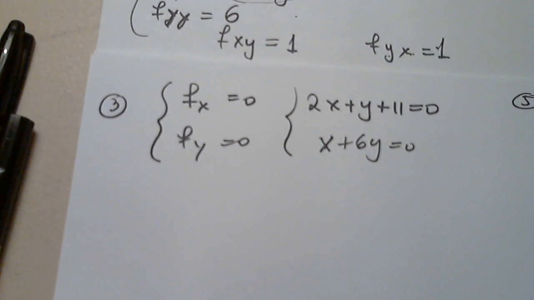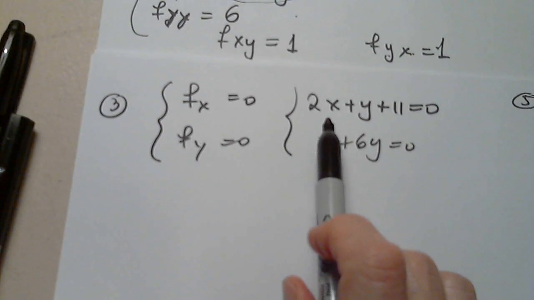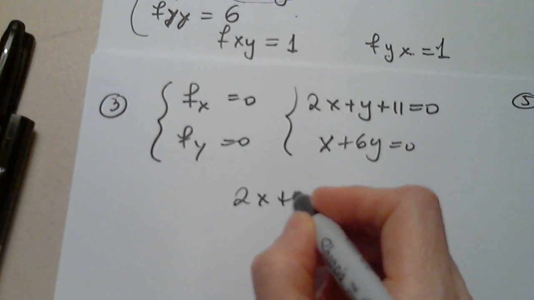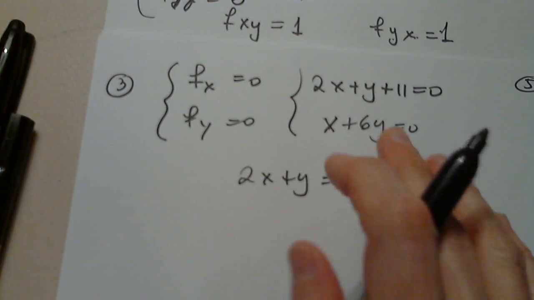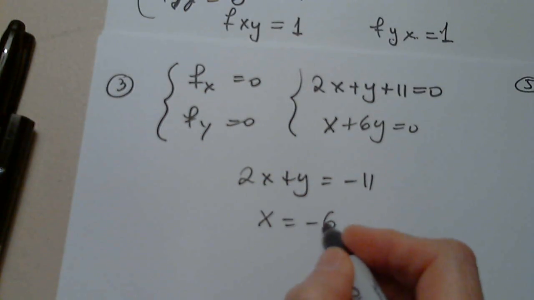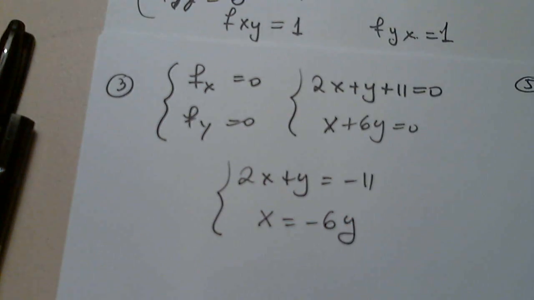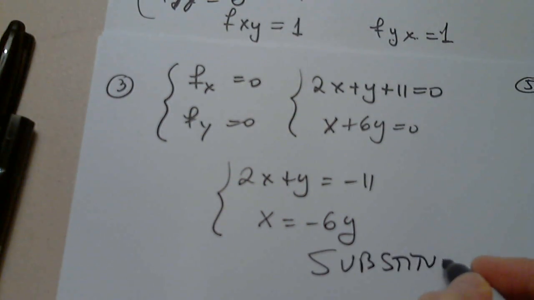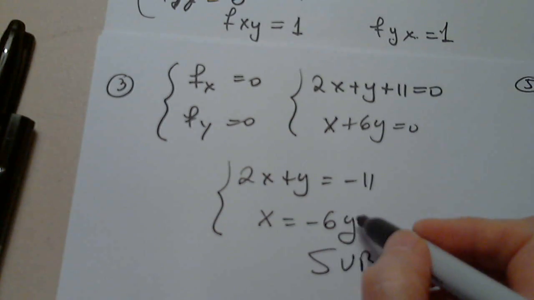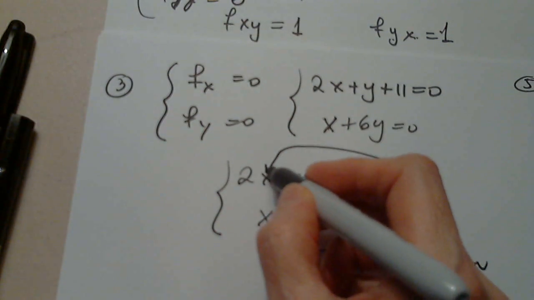Here's how I do it. I rearrange the first equation as 2x plus y equals negative 11. And I solve the second equation for x, and I get negative 6y. I will use substitution. Replace x by negative 6y in the first equation.